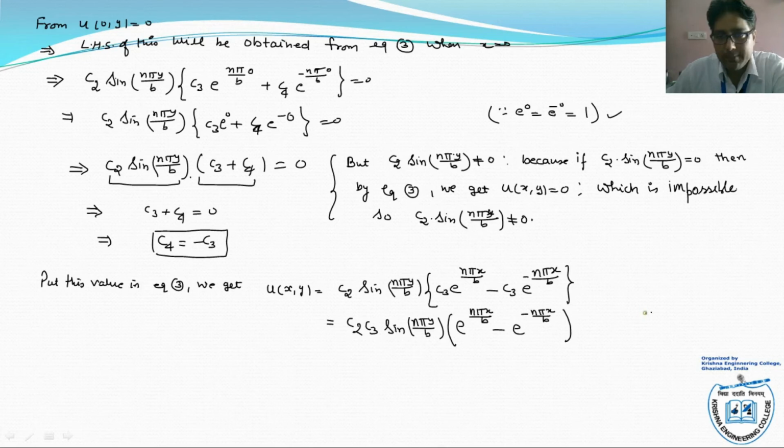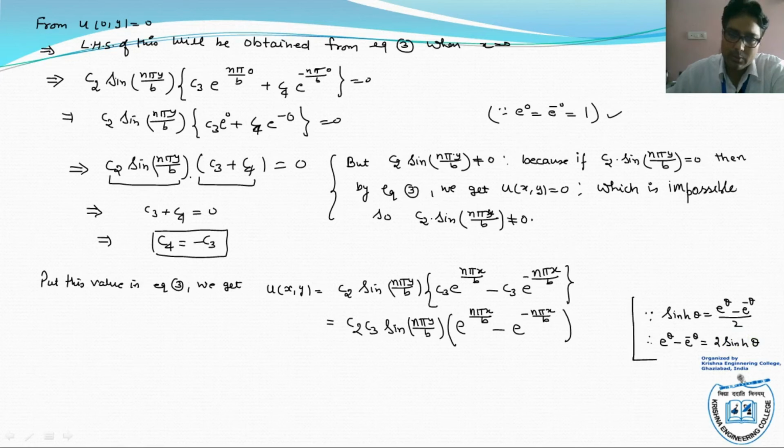Again we know that sine hyperbolic theta is equal to e to the power theta minus e to the power minus theta by 2. So the value of e to the power theta minus e to the power minus theta is equal to 2 sine hyperbolic theta. So use this relation in this.